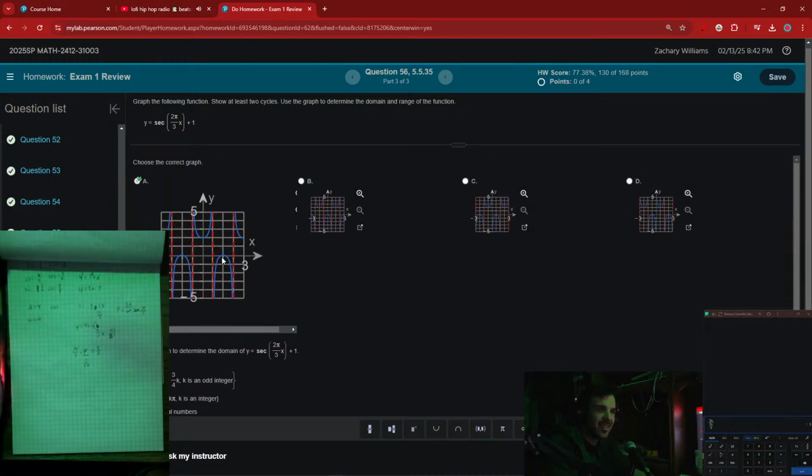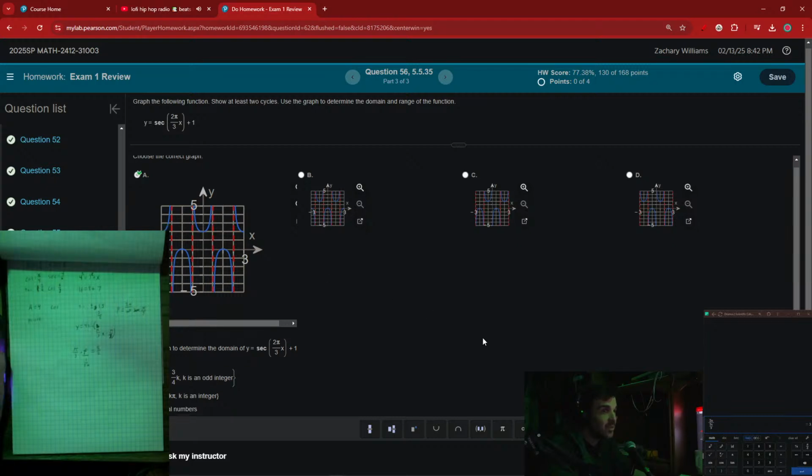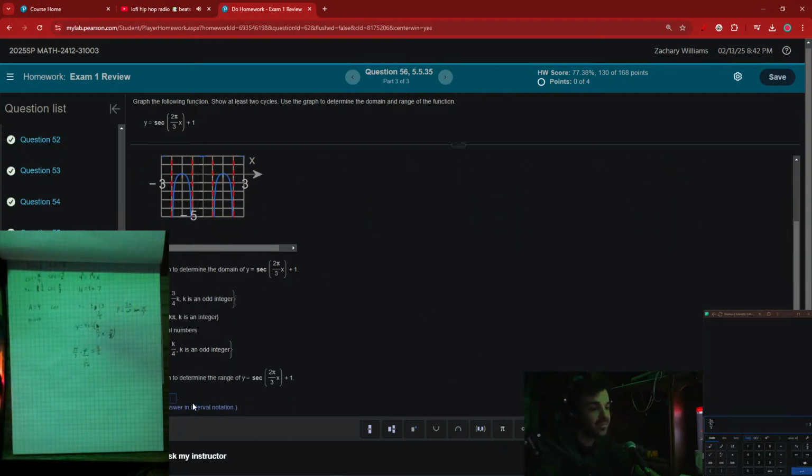Range: negative infinity to 0, comma 0 because of vertical shift. Bracket union, which is cup.